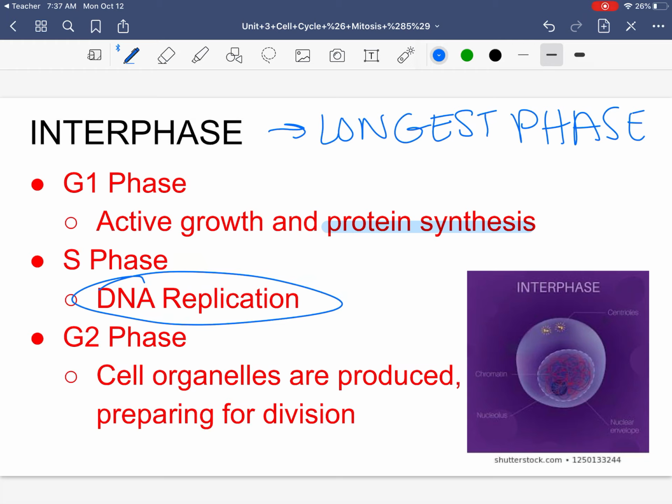So for your cell, you're starting here before it even enters the cell cycle. So here is your cell, here's the nucleus, here's your DNA, right? So at interphase, it is growing. Your DNA is replicating.